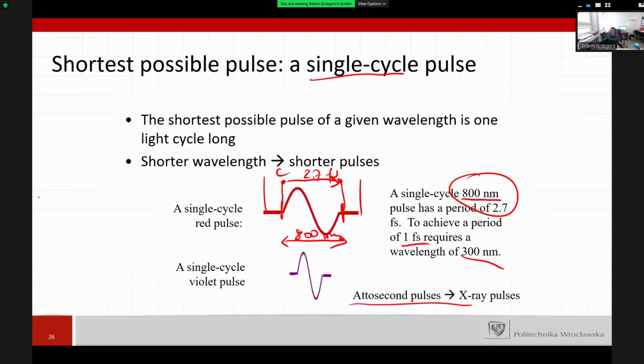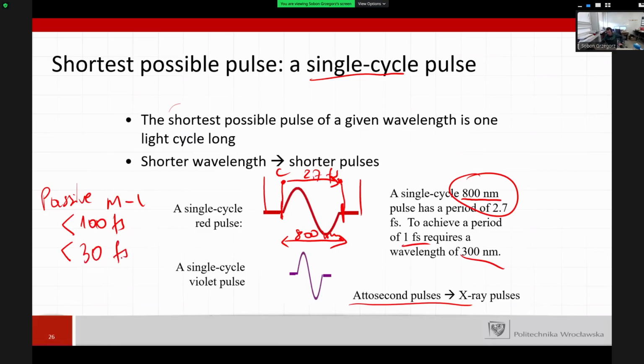But in general, if we consider passively mode-locked lasers, usually we can get pulses shorter than 100 femtoseconds easily. In some of the cases of solid state or fiber lasers, you can go down to maybe 30 femtoseconds.